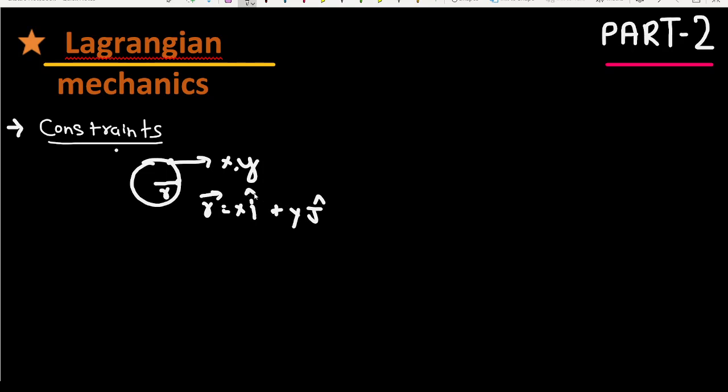What happens is that the particle is restricted to move only along the circle, and it cannot move outward like this. It has a fixed distance from the center, which is the radius r. It means there is a constraint in this equation. And now x and y are dependent upon each other.